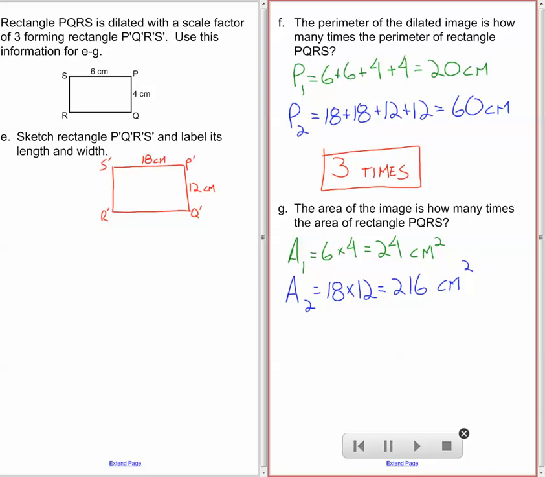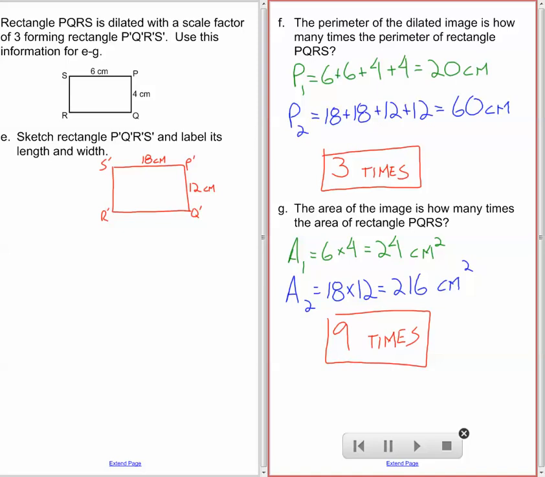So how many times bigger is it? It's actually 9 times bigger. 24 times 9 is 216. And here's why. Area is 2 dimensions, so it's actually not 3 times bigger, it's 3 times 3 times bigger.